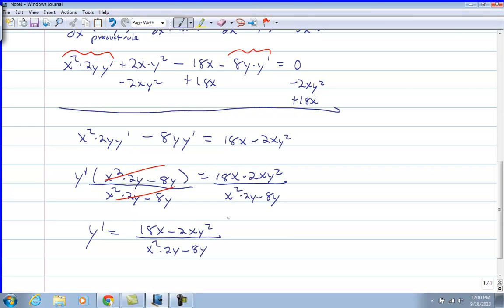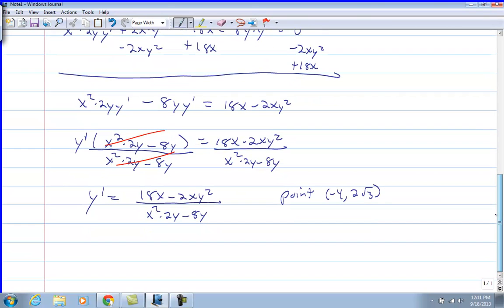So we'll plug in the given point. The point was, again, negative 4, comma 2 root 3. Okay, so let's plug this in.